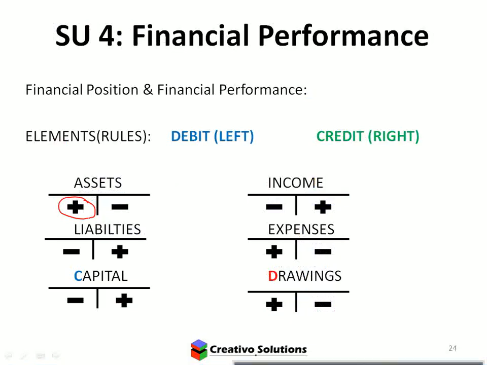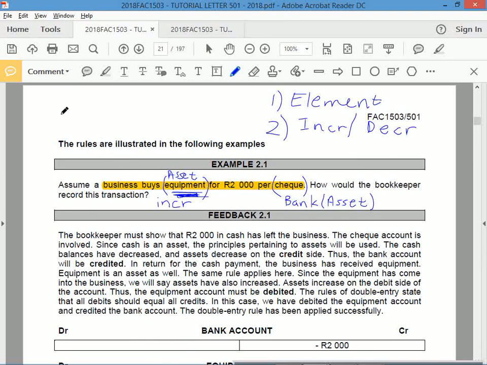So where do assets go up? On the debit side. Right, so what are you going to do to your equipment? I'm going to show working here. You're going to debit equipment. Write this down because this is how we do workings. Asset increase, asset arrow up. Okay. There's the first half of the transaction. This is a double entry.